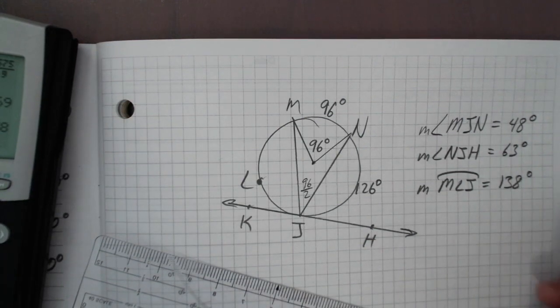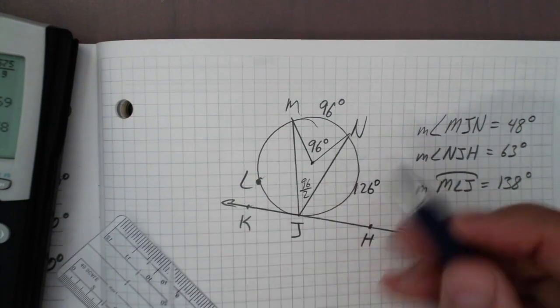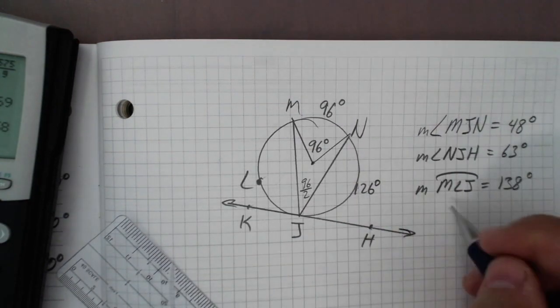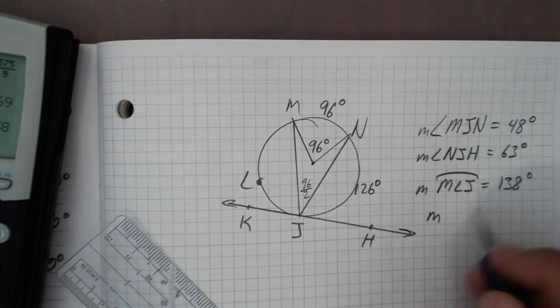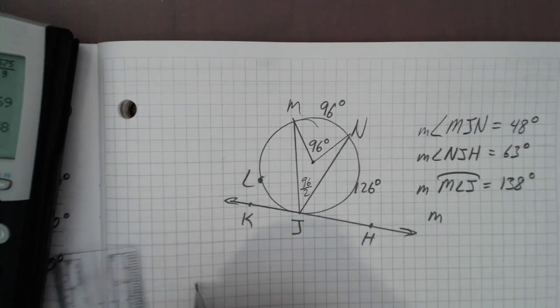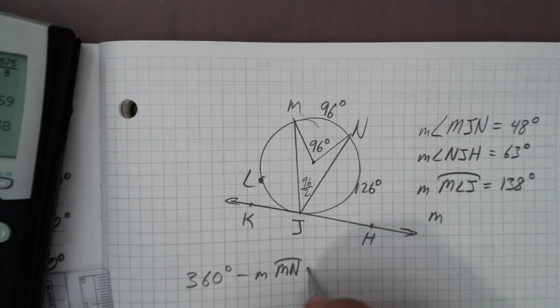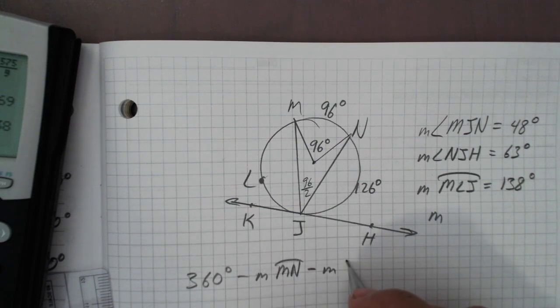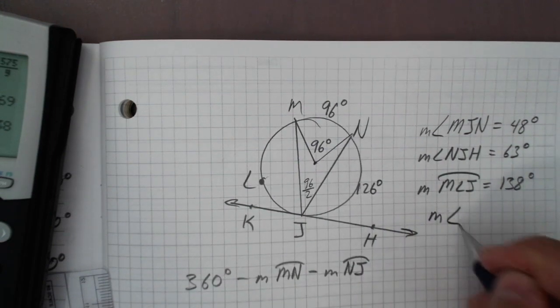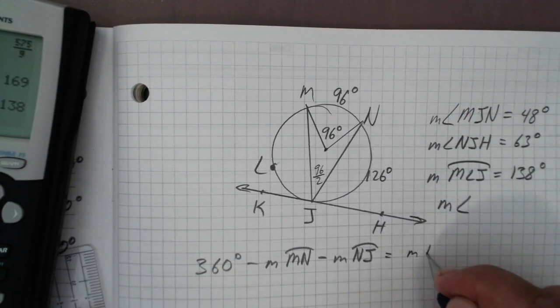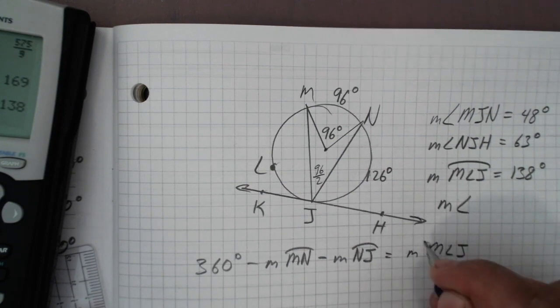Now, because that is 138 degrees, we also know there's another way to calculate this. The first way we did was 360 minus the measurement of arc MN minus the measurement of arc NJ. That is equal to the measurement of arc MLJ.